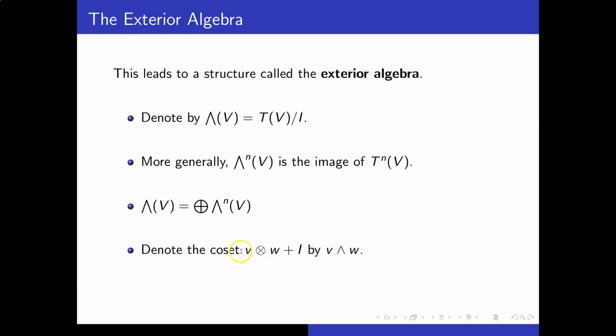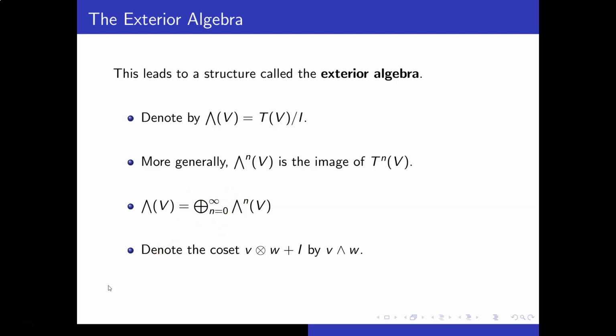And instead of writing v tensor w plus I, I'm just going to represent that as v wedge w. I accidentally omitted these indices, so I've added them back in. Technically, this is going to run from 0 to infinity, much like the tensor algebra does, but we're going to see that in the exterior algebra this actually gets severely truncated and will become a finite dimensional algebra.